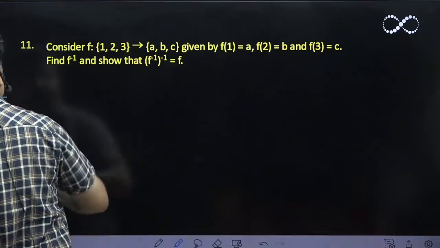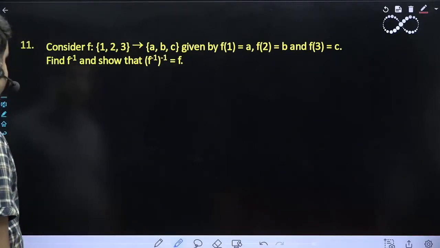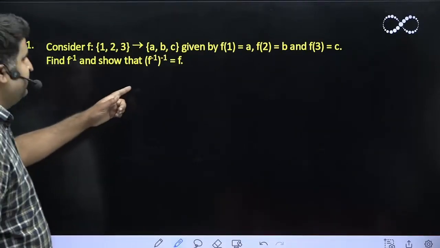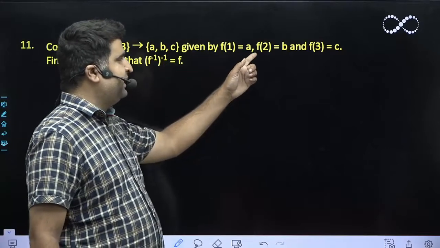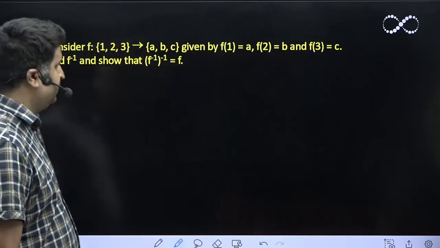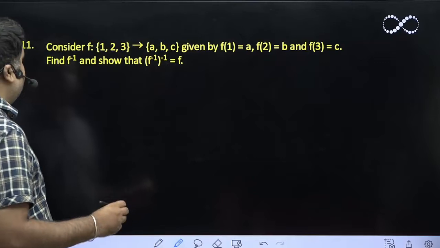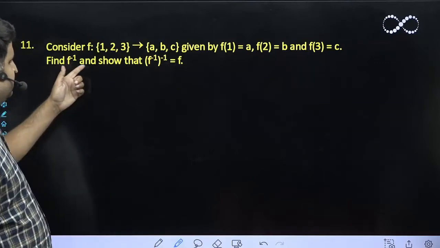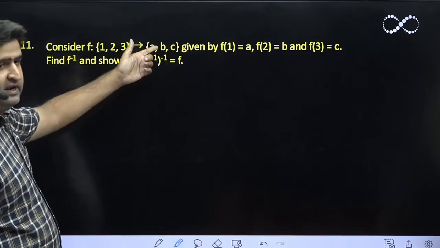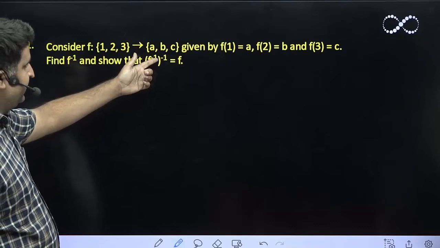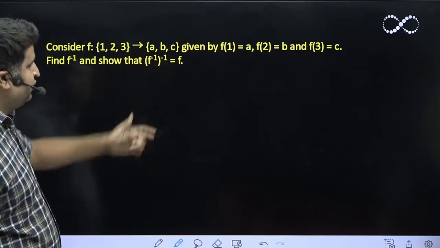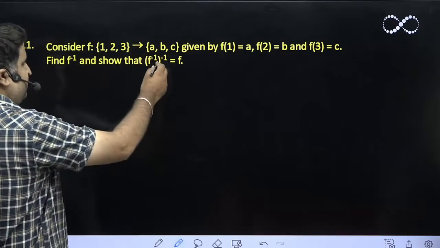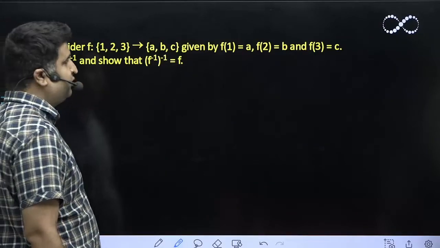Next one is, consider a function from {1, 2, 3} to {a, b, c} defined by f(1) is equal to a, f(2) is equal to b, f(3) is equal to c. So this function is given. We have to find f inverse and show that the inverse of f inverse is equal to f. So if we have a double inverse, we have to prove that this is equal to f.